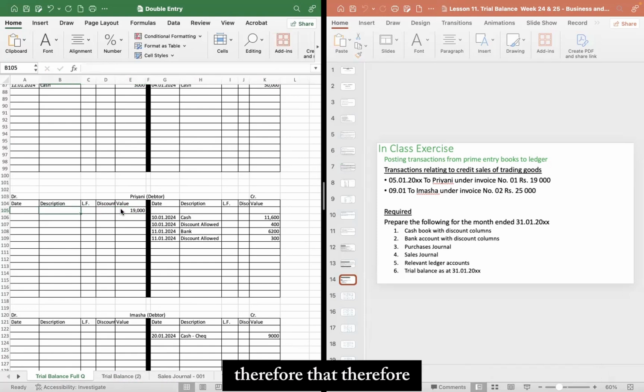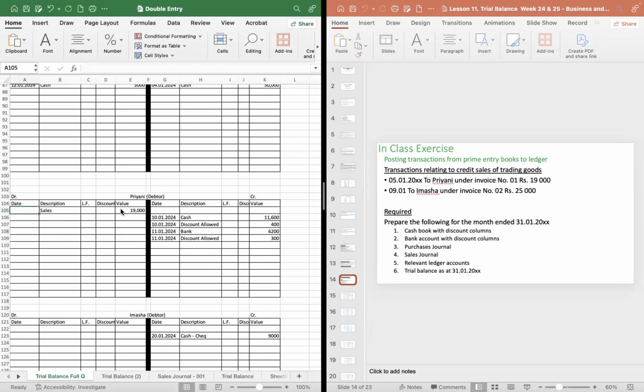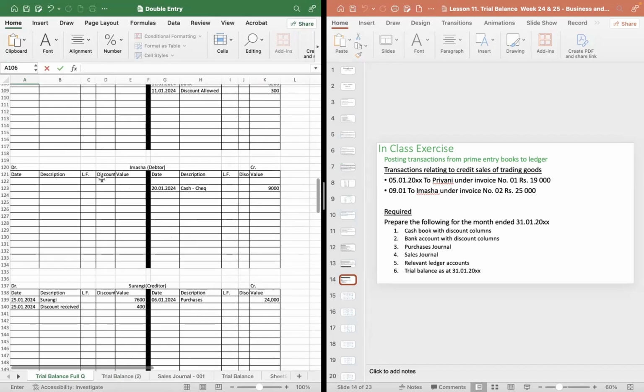Therefore I am debiting Priyani's account. Sales. Then Imasha, 25,000.